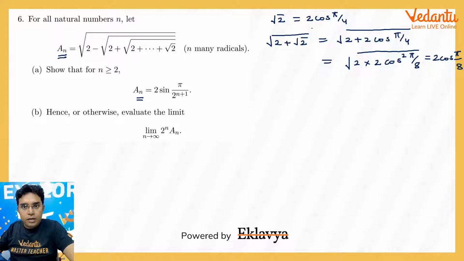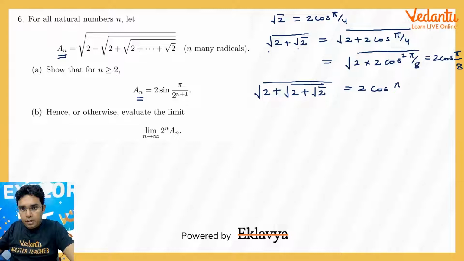Okay, so what you can see, I have removed 2 under root signs and I got 2 cos pi by 8. Similarly, if it is root 2 plus root 2 plus root 2, in which 3 under root signs will come, this will become 2 cos pi by 16, okay, and so on.